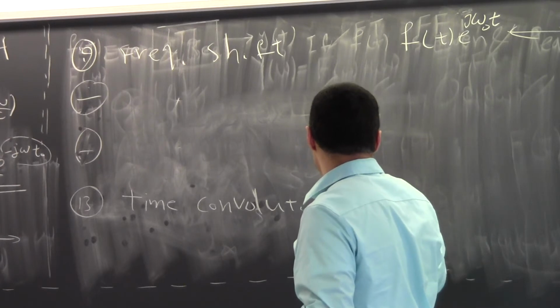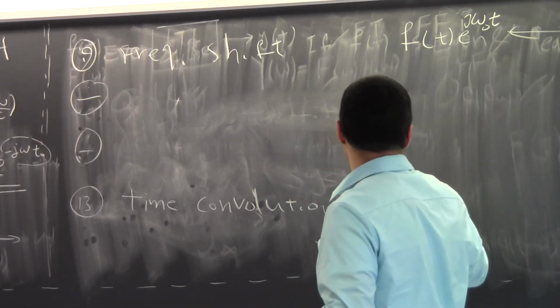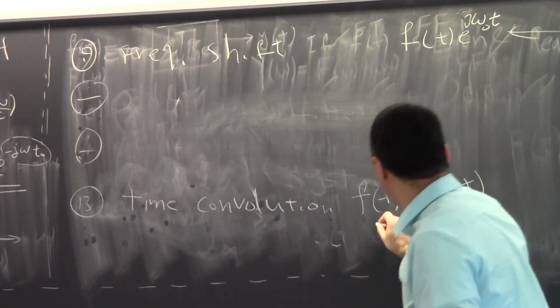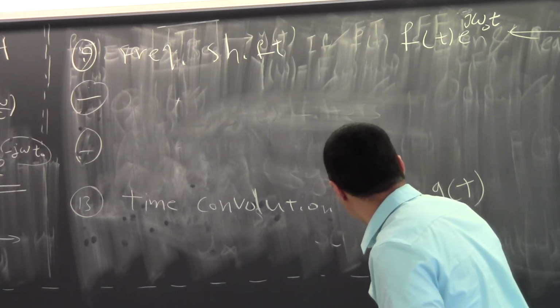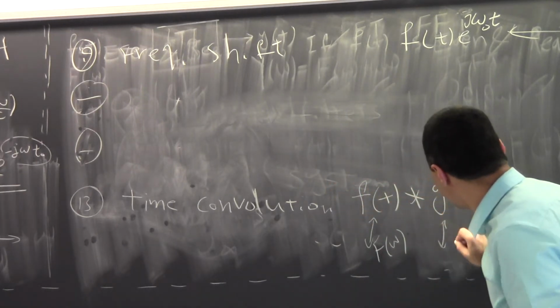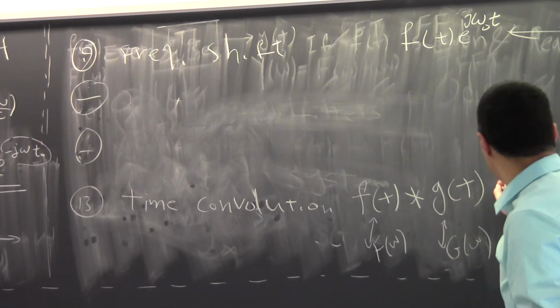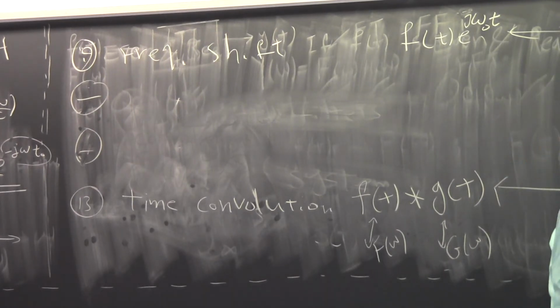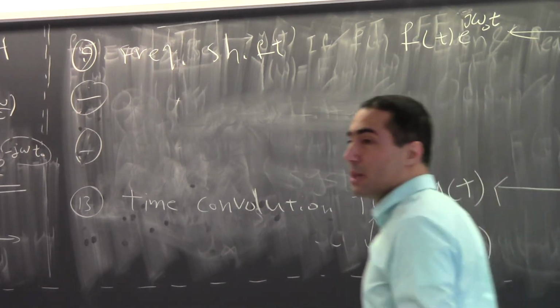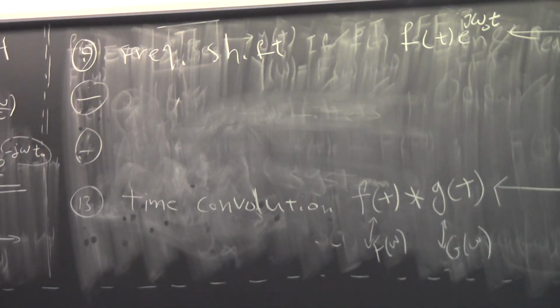If f(t) is convolved with g(t), and f(t) has F(omega), and g(t) has G(omega), what we get in frequency domain is you multiply them. It's the big convolution.